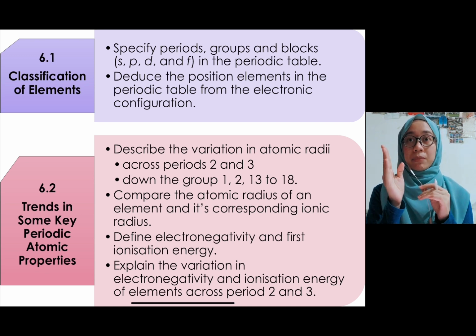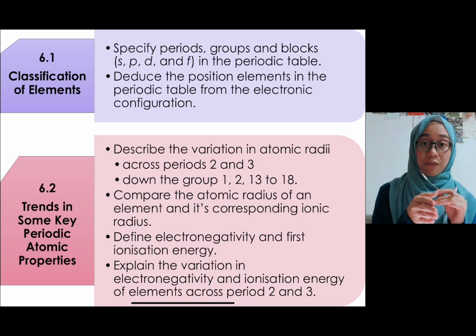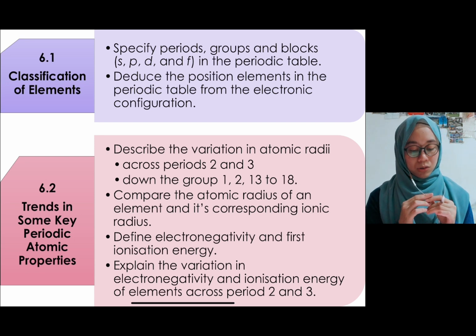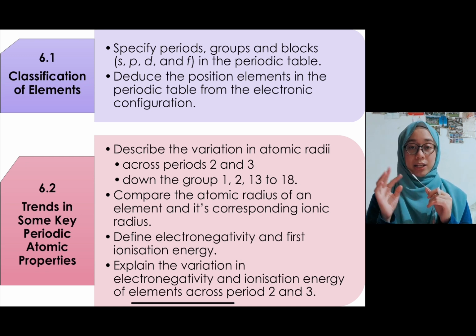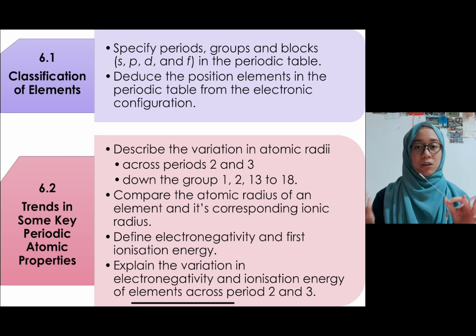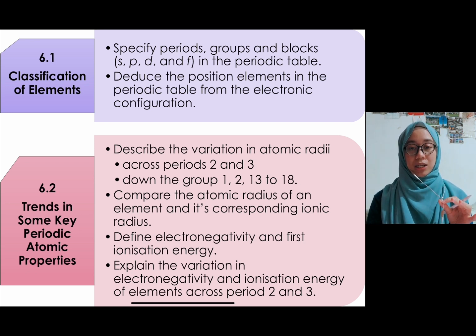So we will differentiate the atom from the size of its ion, and then we will also look at the definition of electronegativity and first ionization energy, and then we will explain the variation in terms of electronegativity and first ionization energy for elements across period 2 and 3.